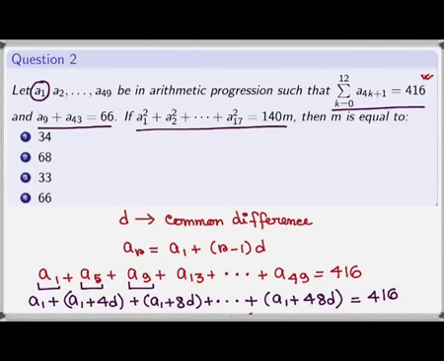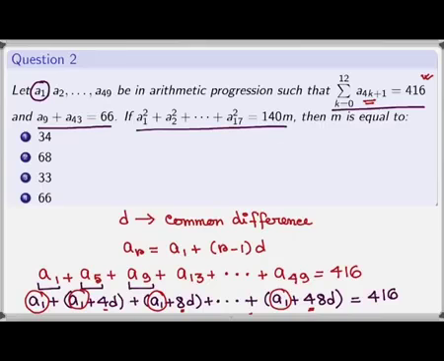As there are 13 summands in this sum, we get 13 a1, and from the first one we get contribution 0, and from the second one we get contribution 4, and from here we get contribution 8, and continuing like this, from the last one we get contribution 48.